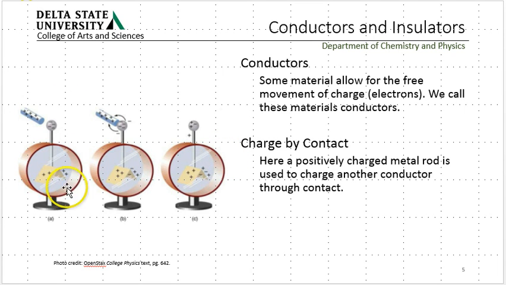You can show this by taking a charged metal rod and putting it near this device, which has an isolated little metal foil down here. These positive charges attract negative charges, which makes this down here net positive.